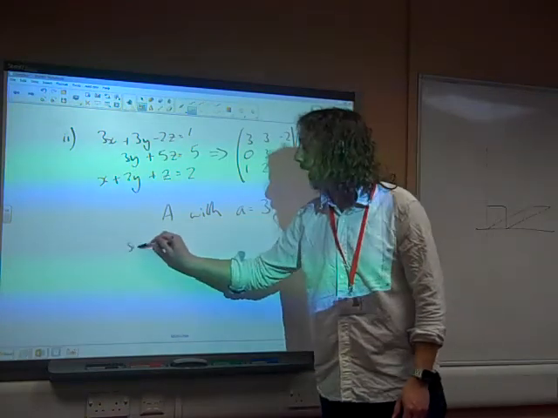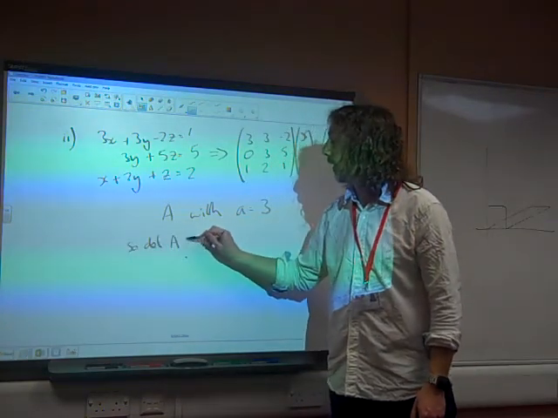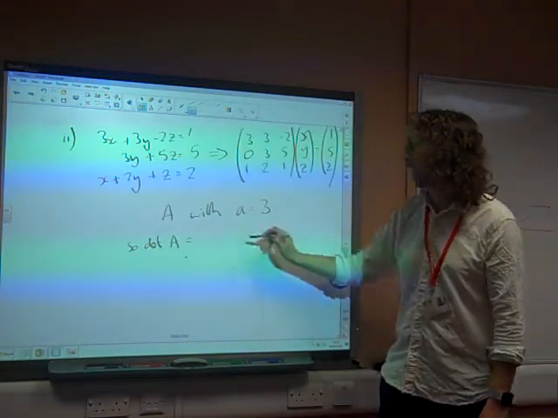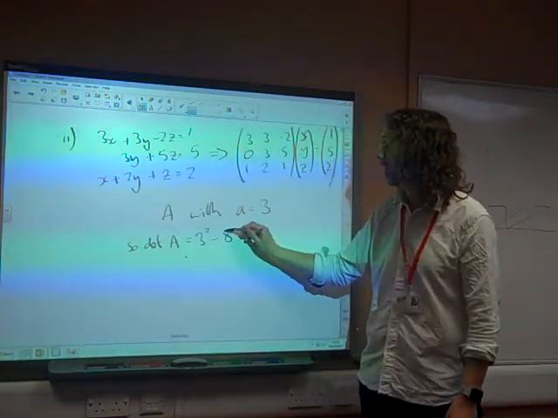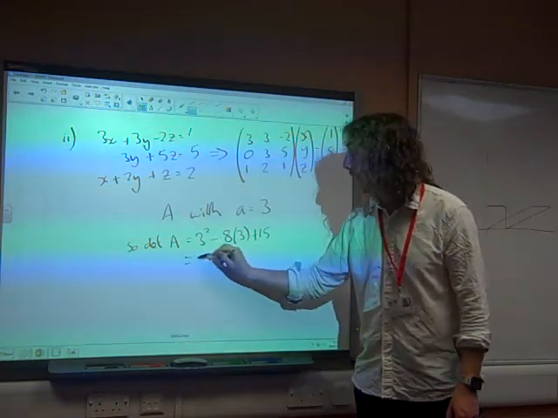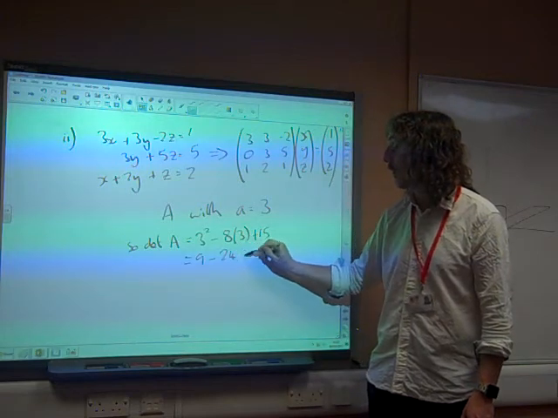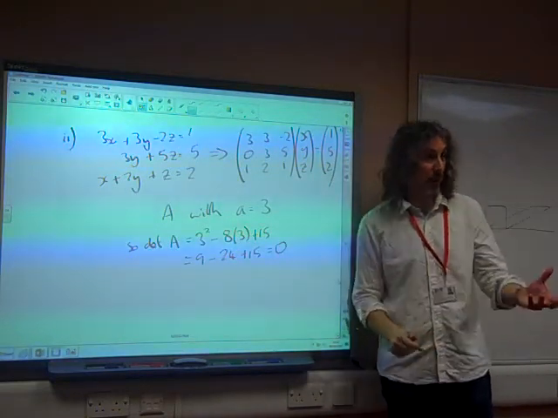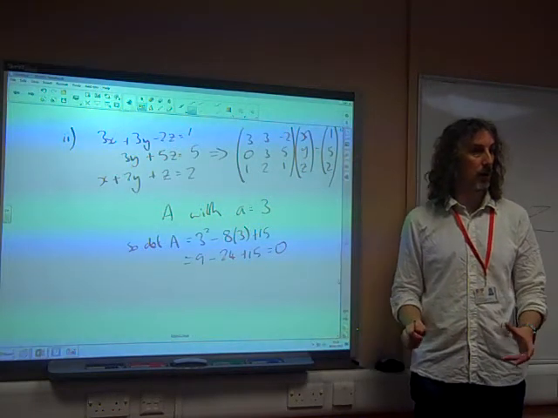So the determinant of A is equal to a squared minus 8a plus 15. So that's 3 squared minus 8 times 3 plus 15. That is 9 minus 24 plus 15, which is 0. That being 0 tells us there are no unique solutions.